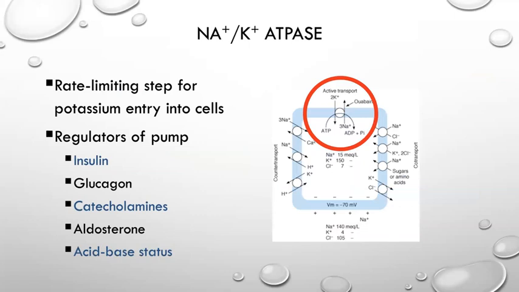How is the potassium gradient maintained? Mainly through the sodium-potassium ATPase pump. This pump is found in all cells. The pump is responsible for maintaining an intracellular environment which is high in potassium and low in sodium. Increased sodium-potassium ATPase activity lowers the serum or extracellular potassium concentration.